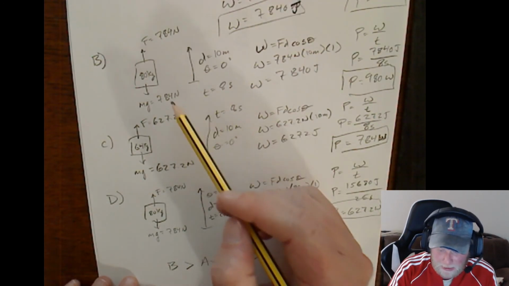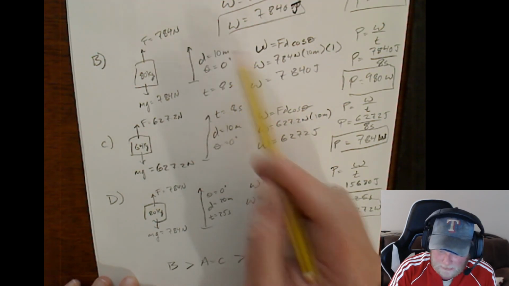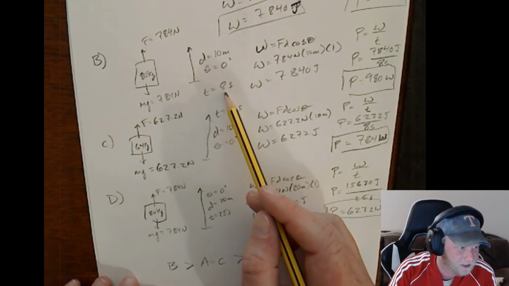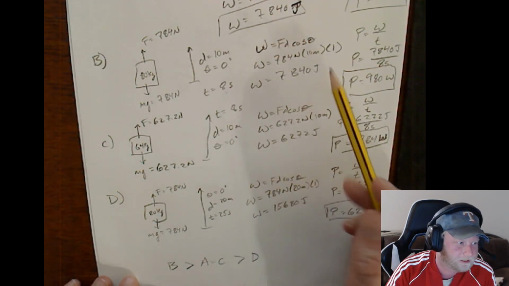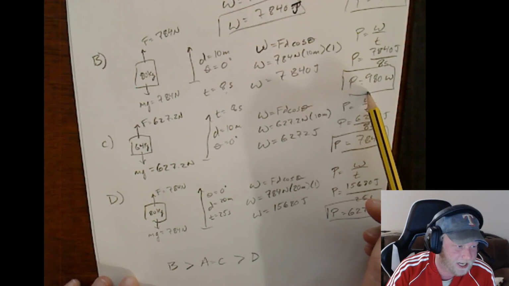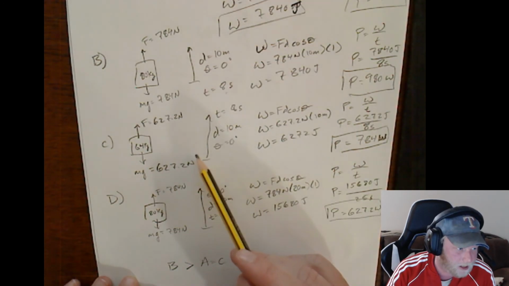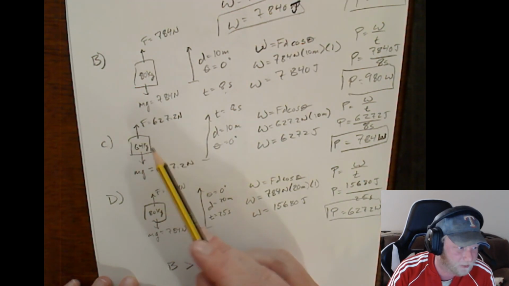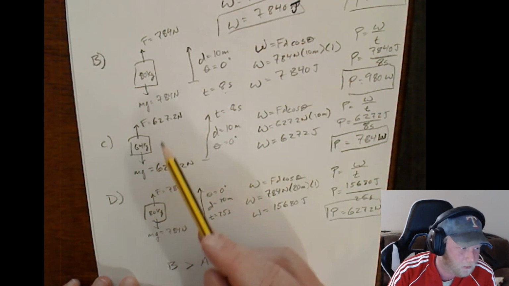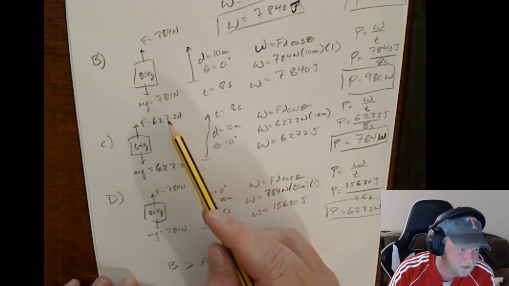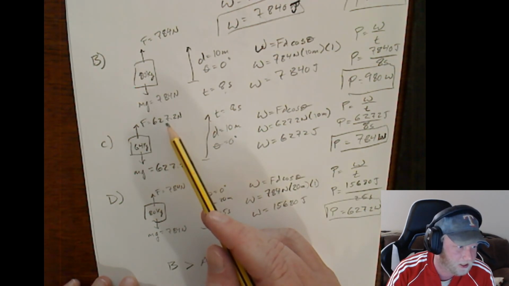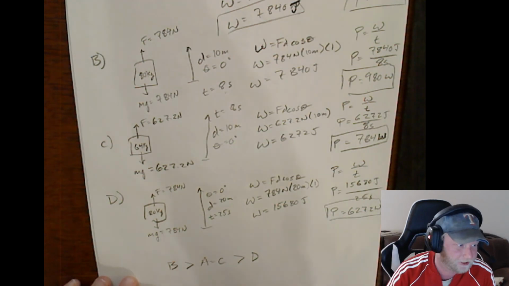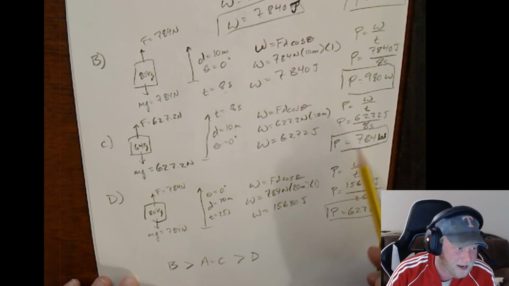Now you do the same thing in B. Same force, same distance, just in this case, you have 8 seconds of time. So calculate that out, you get 980 watts. Part C, the only difference here between B and C is that you have someone with a lower mass. Since they have a lower mass, they have a lower minimum force that would be required to cause them to raise themselves vertically. So you do your math, find work, find power, right?